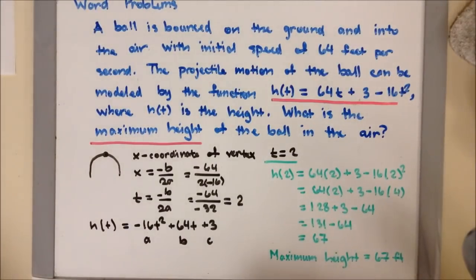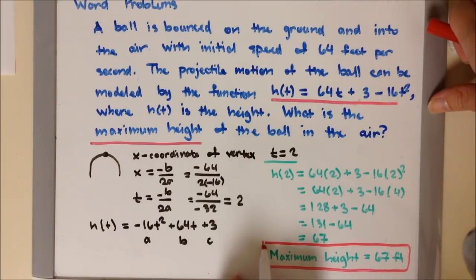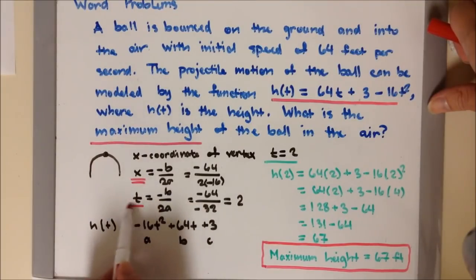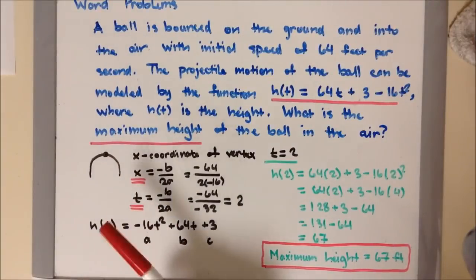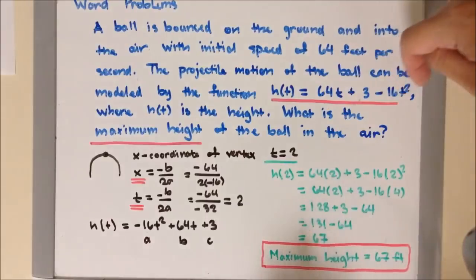So to review, we did the same process as 4.1, finding the x-coordinate of the vertex, but instead of using the variable x, we used the variable t. The process was the same. Using the formula negative b over 2a, we found a value which, instead of saying x equals 2, we said t equals 2, because that's the one we're working in.